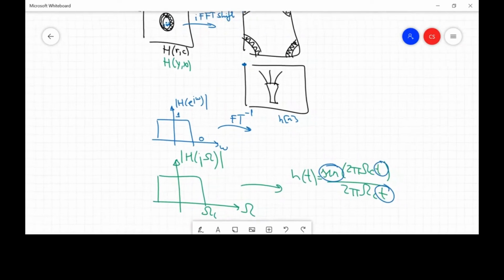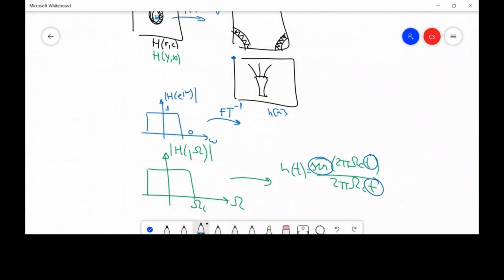What about this one? The inverse Fourier transform is not strictly like that. Let's say this is omega c. It is something like sine of 2 pi omega c n, divided by another sine. Again, take this as approximate only.